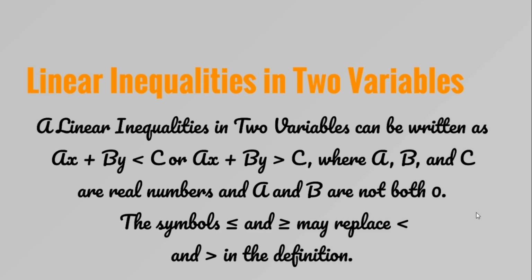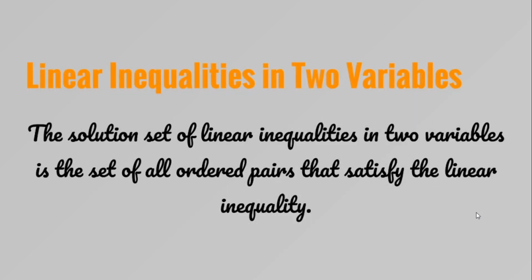So another, the solution set of a linear inequality in two variables is the set of all ordered pairs that satisfy the linear inequality. Because class, as I told you, a linear inequality has many solutions. That's why we call it a solution set. And every ordered pair that satisfies the linear inequality, meaning when we substitute the ordered pair into the linear inequality and it is true, then that is a solution.